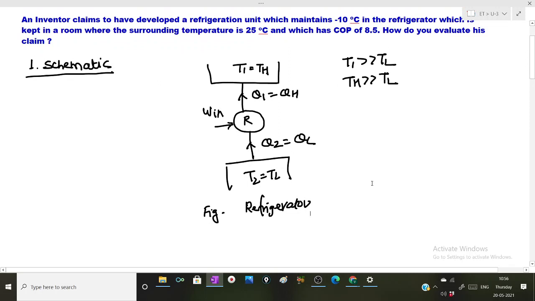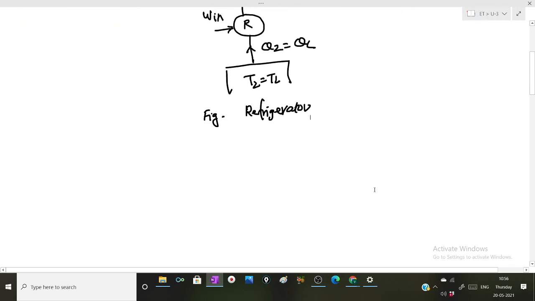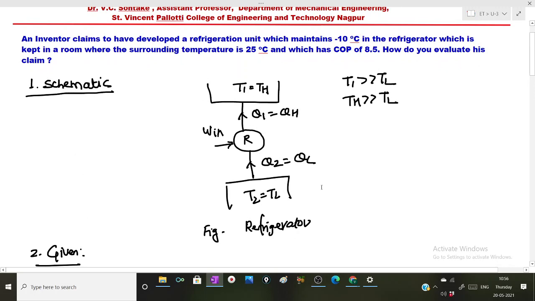Now according to the problem, what are the different parameters given to you? Inventor claims to have developed a refrigeration unit which maintains minus 10 degrees Celsius. So what will be this minus 10 degrees Celsius, T1 or T2?